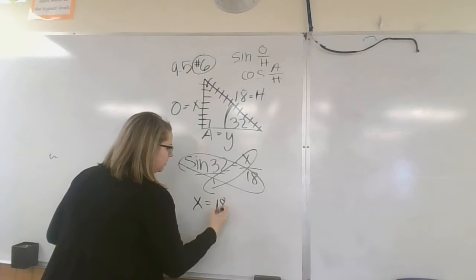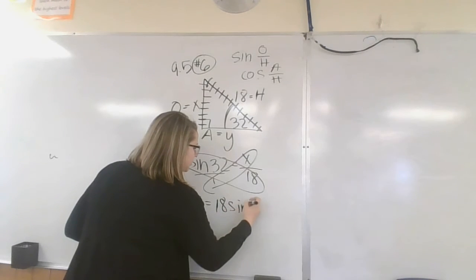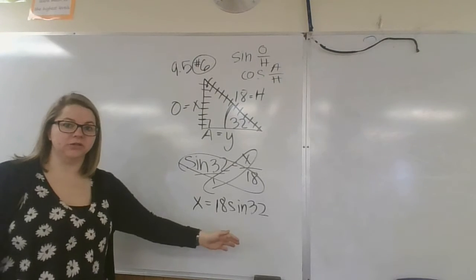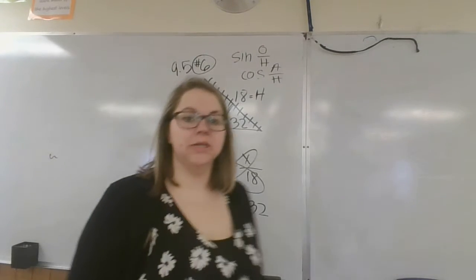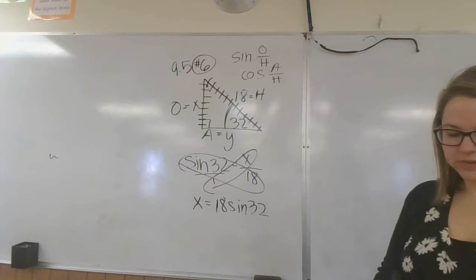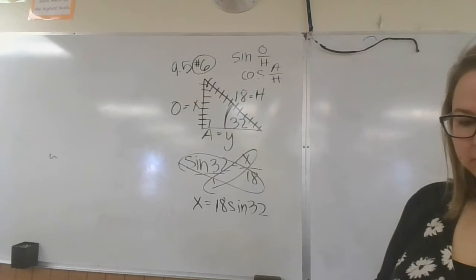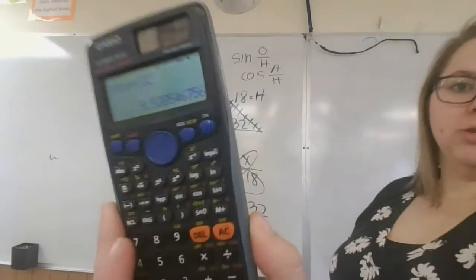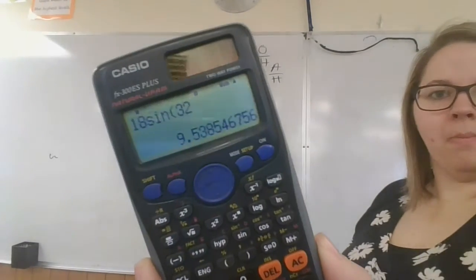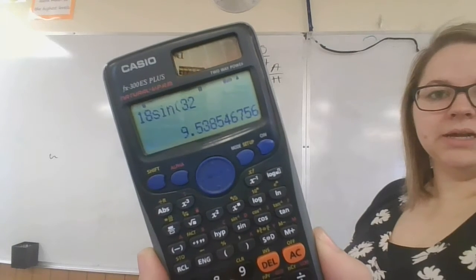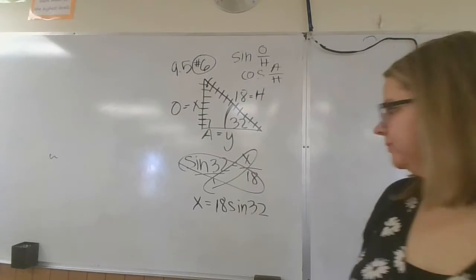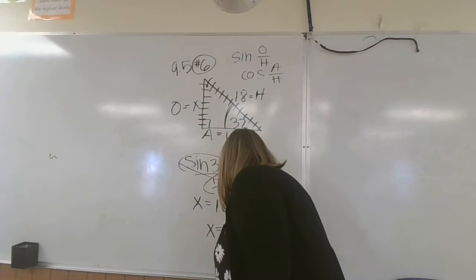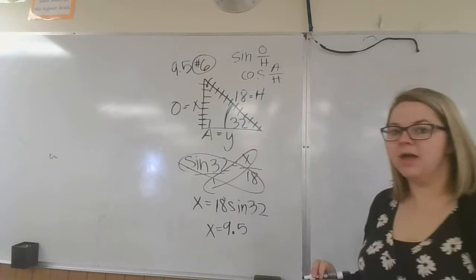So 18 sine 32 means 18 times sine of 32. That's the same thing. Now all you have to do is stick this in your calculator. So I got 18 sine of 32, and I get 9.5. This is what it looks like in my calculator. 18 sine 32, 9.5. So x equals 9.5. And that is your answer.